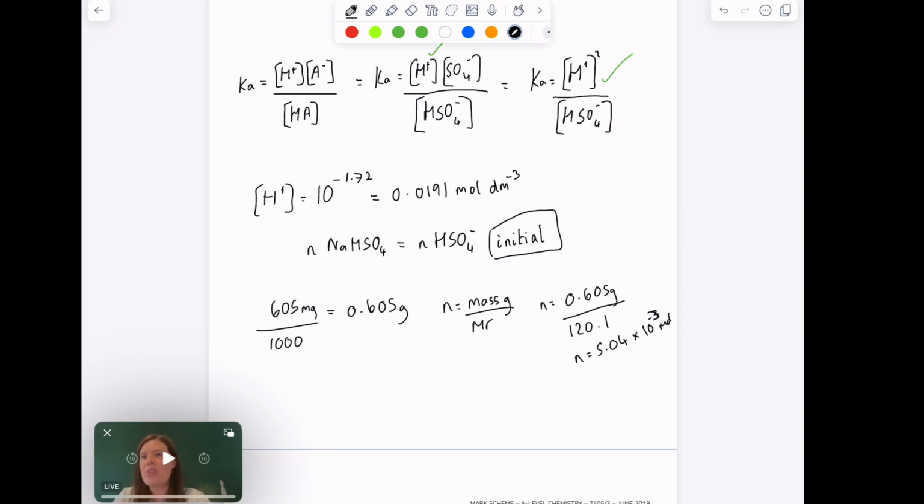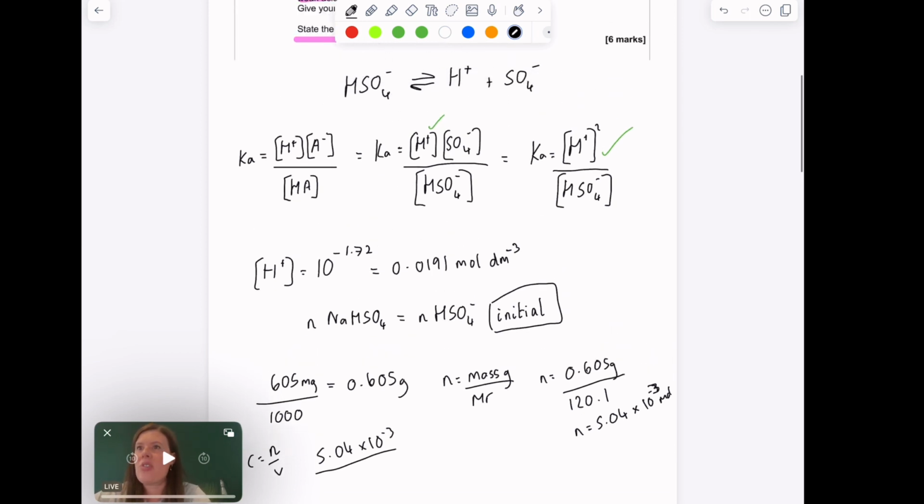We've got our moles of our hydrogen sulfate ion. But in order to be able to plug it into that Ka expression, we've now got to get it into a concentration. So concentration is moles over volume, and so we don't need to rearrange it. We're just going to divide the moles by the volume. So we take the moles, 5.04 times 10 to the minus 3 moles.